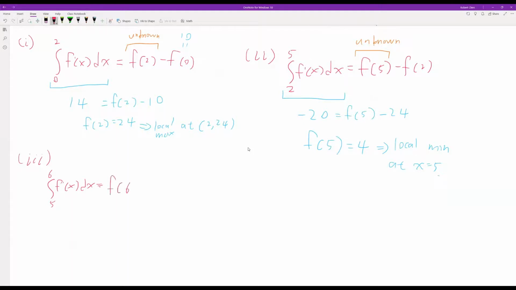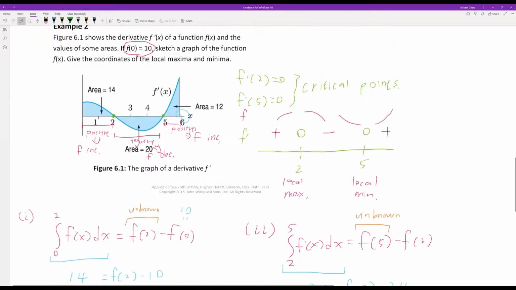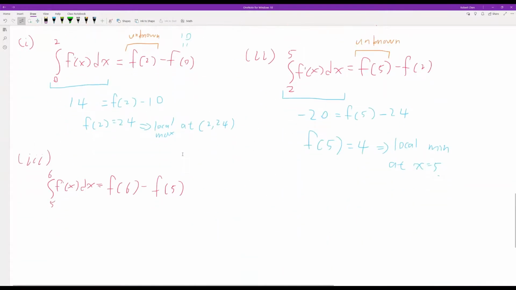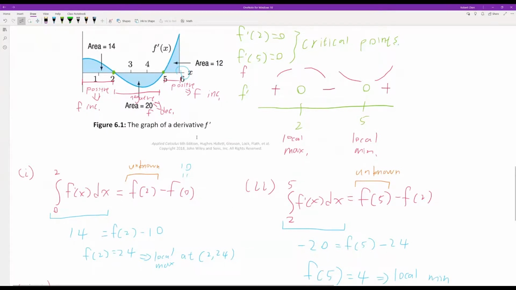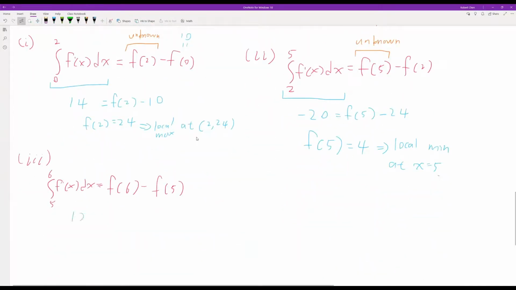That's f of 6 minus f of 5. And again, the only unknown here is f of 6. The definite integral represents the area under the curve between 5 and 6, which is 12, and it's above the x-axis, so it's positive. So 12 is equal to f of 6 minus f of 5, which is 4. And adding the 4 over, we get f of 6 is equal to 16.